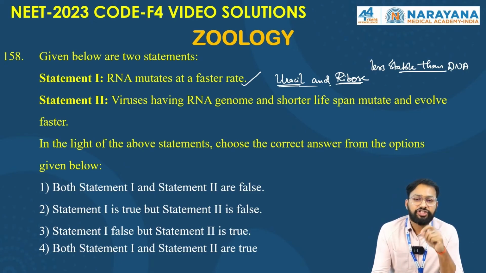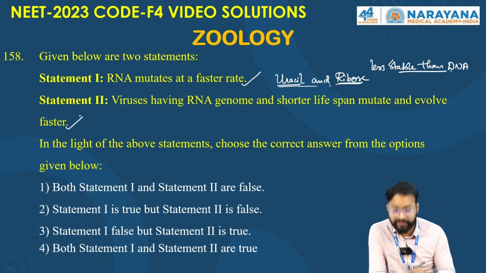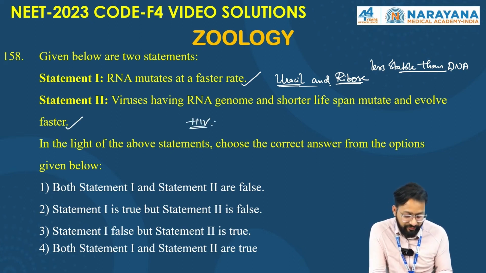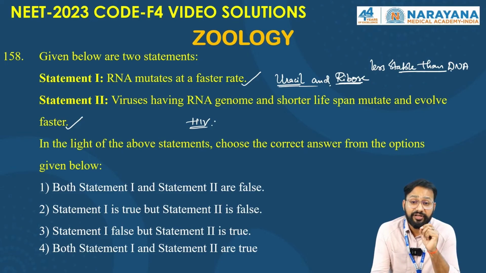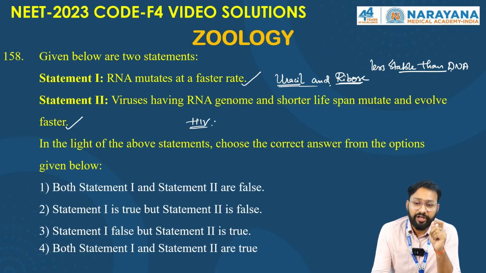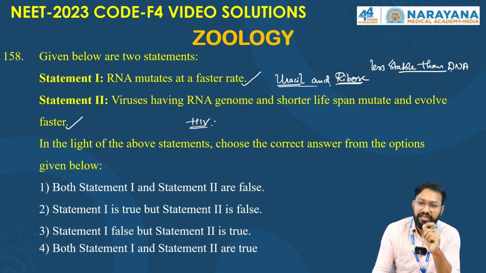Viruses having an RNA genome and shorter lifespan mutate and evolve faster, which is also correct. Right? For example, HIV, which mutates at a faster rate, isn't it? That is the reason production of any vaccine is very difficult for it. So over here, both statement 1 and statement 2 are right.